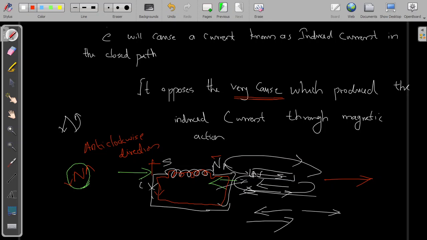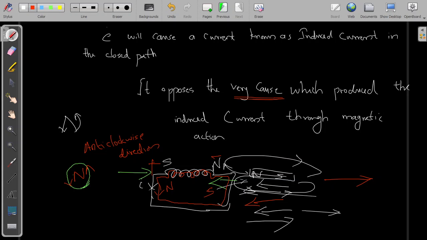So the induced polarity of the magnetic field must be south and north in this manner, so that south and north pole will attract, so a force is experienced like this, right?